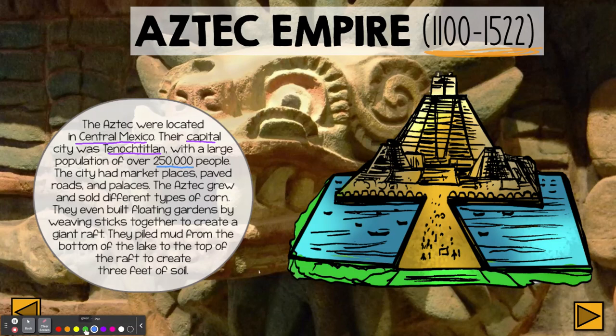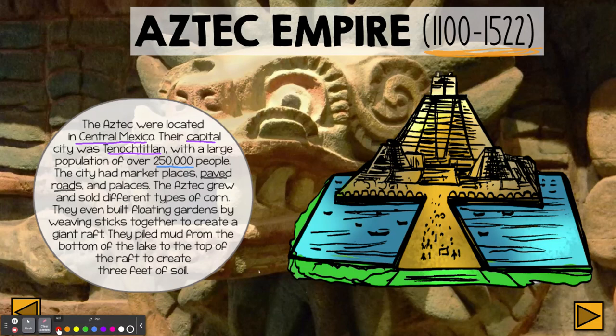Now, some of the things that they created, their technology pieces that we have talked about, they were one of the first civilizations to have paved roads. And if you're talking about architecture as well in version 2, that's something you can add with those paved roads and those palaces. Those are important.